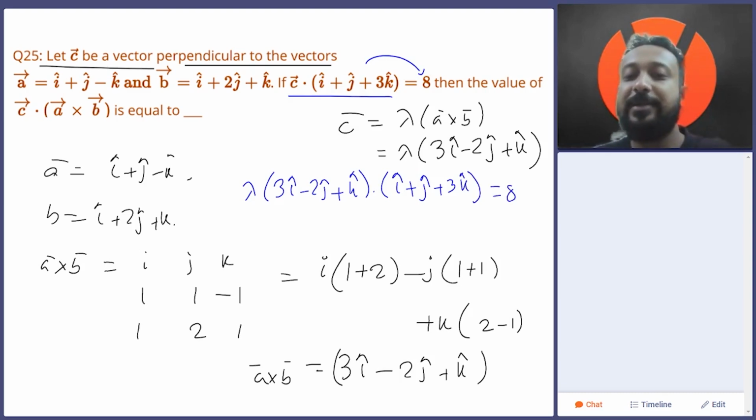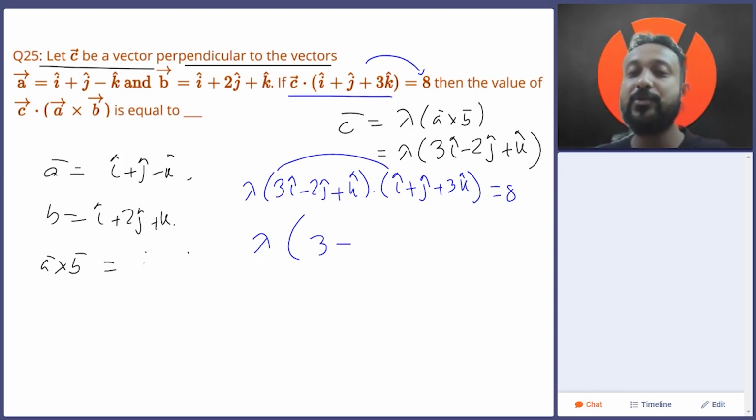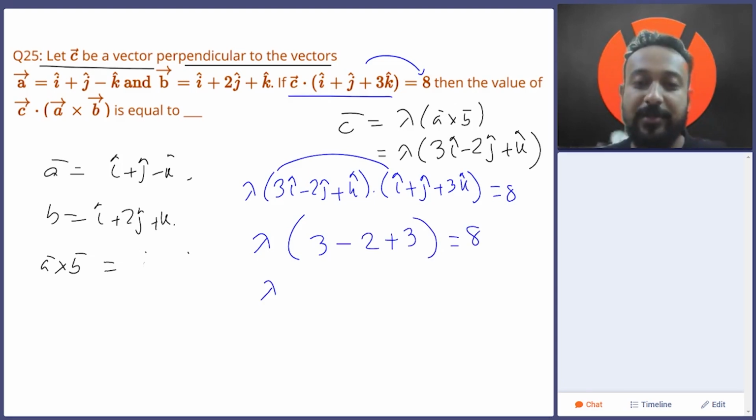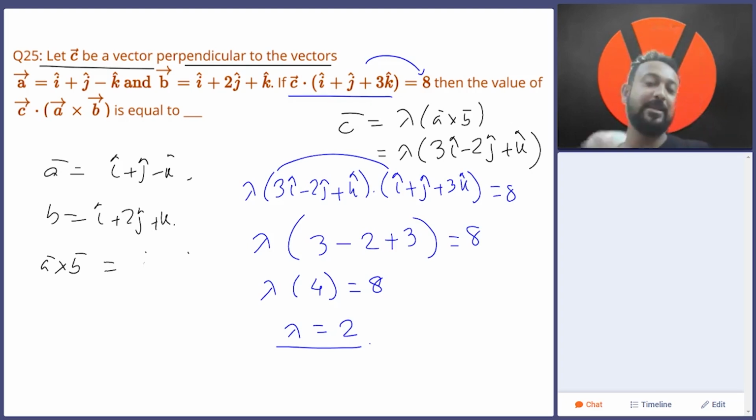So this part I'm deleting, beta, because of space. So if we multiply, beta, what are we getting? Lambda into 3 times 3 minus 2 into 1 is minus 2 plus 3 is equal to 8. So do you see from here? We get lambda into 3 plus 3, 6 minus 2 is 4, is equal to 8. So lambda is coming out to be how much? 2.